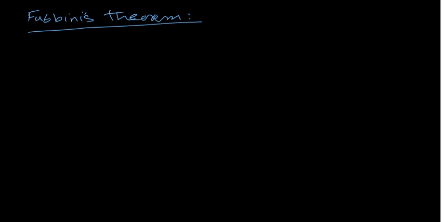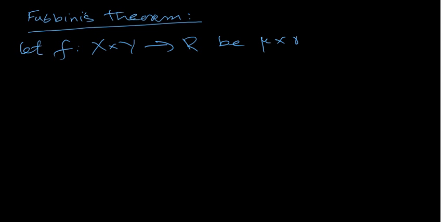Let f be a function from the product space X cross Y to R. It's a real valued function, be mu cross nu integrable, where it's given that X, mu and Y, nu are measure spaces.